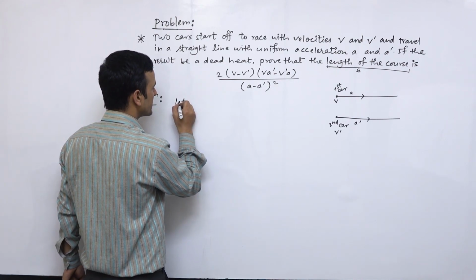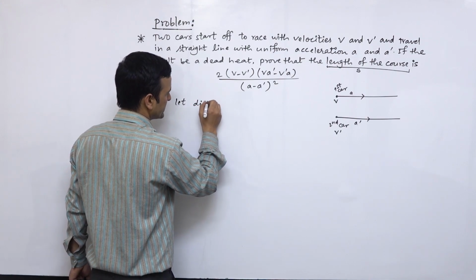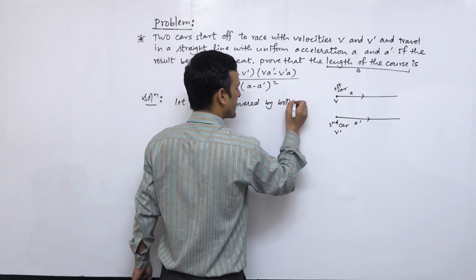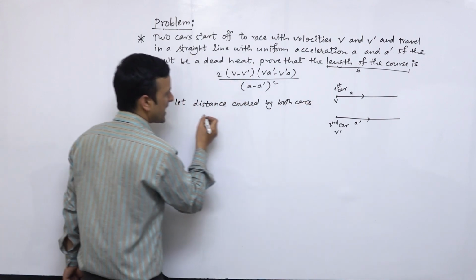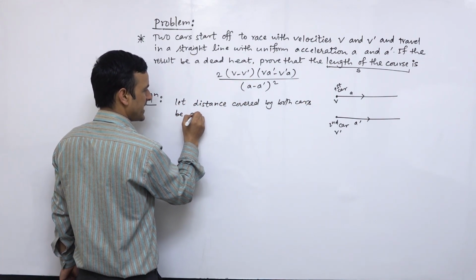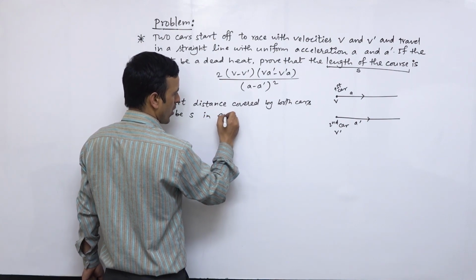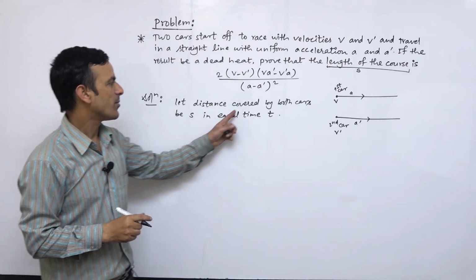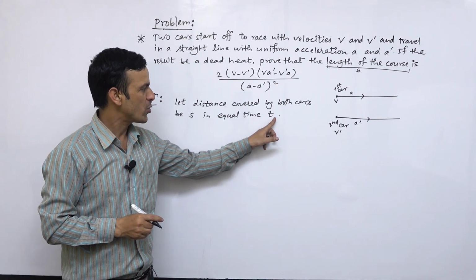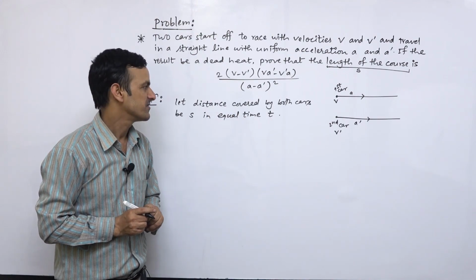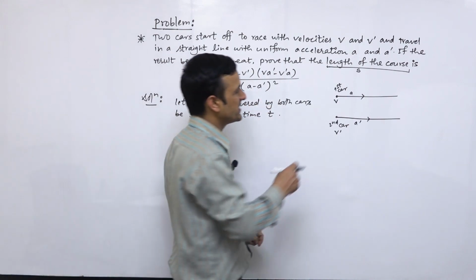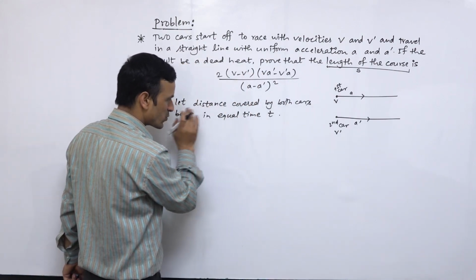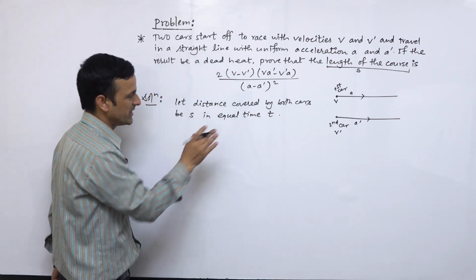Let the distance covered by both cars be s in equal time t. The distance covered by both cars is s, measured in the equal time t; otherwise they would not collide. If the distance and time do not match, the two cars do not strike or collide. That's why distance and time should be equal in this case.